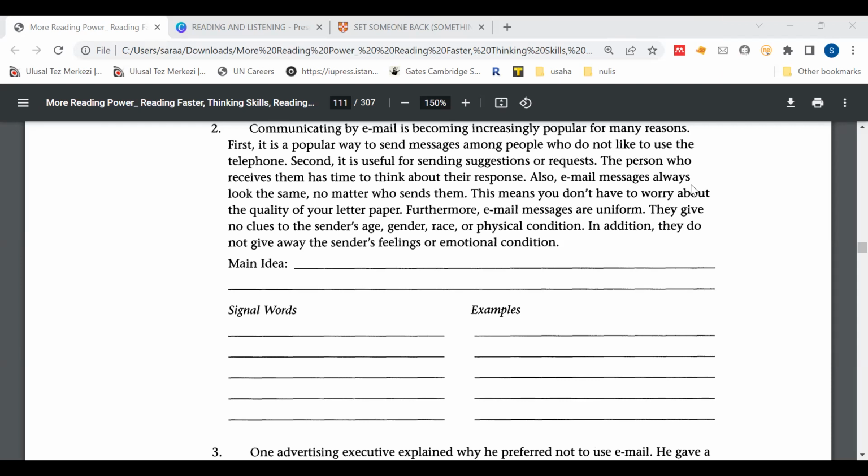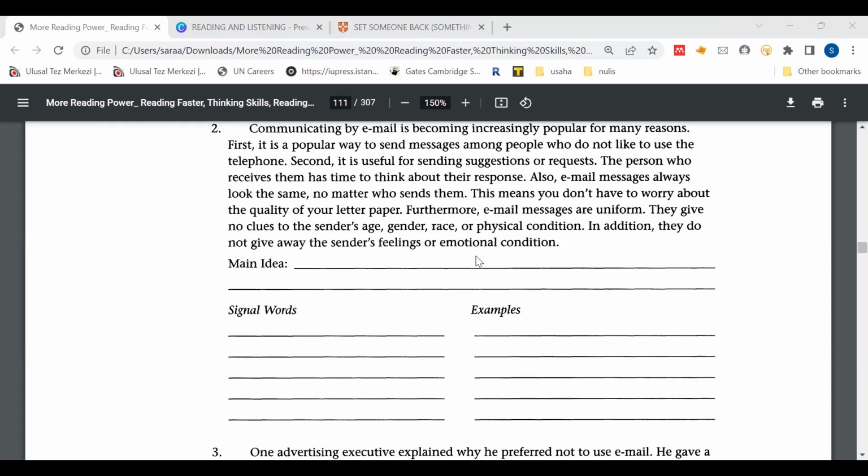They give no clues to the sender's age, gender, race, or physical condition. In addition, they do not give away the sender's feelings or emotional condition.